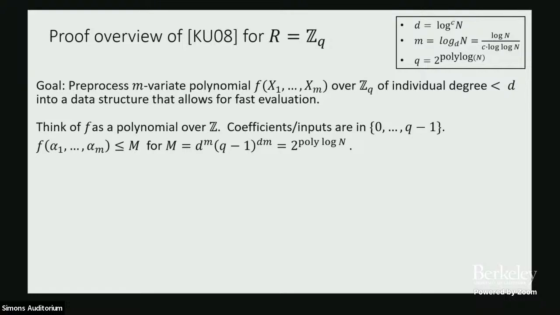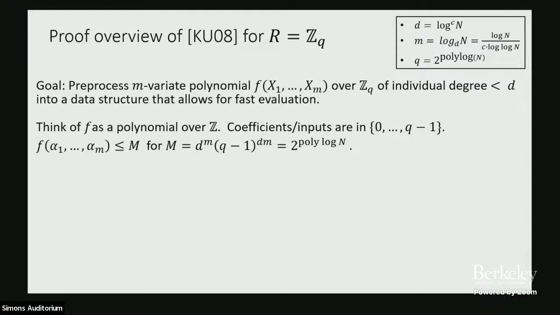So the first step is actually to make our life harder. Instead of thinking of this function as a polynomial over Z_q, we're going to think of doing the computation over the integers without reducing mod q. But we'll still think that the coefficients and inputs are in the range 0 to q minus 1, so they're relatively small.